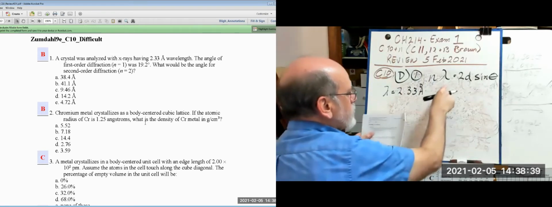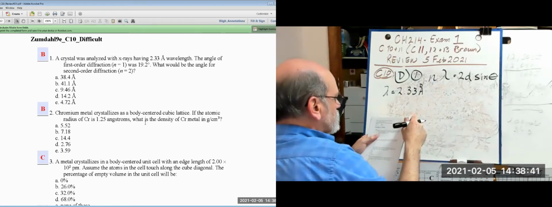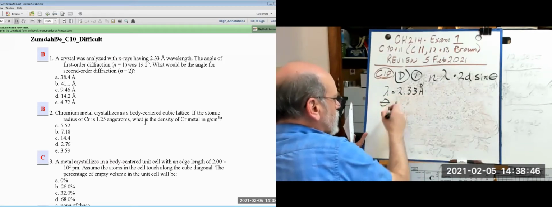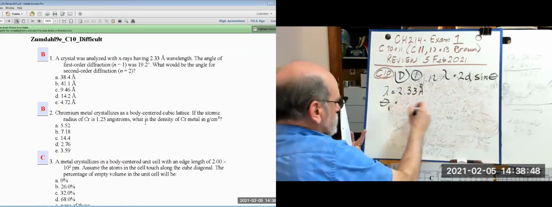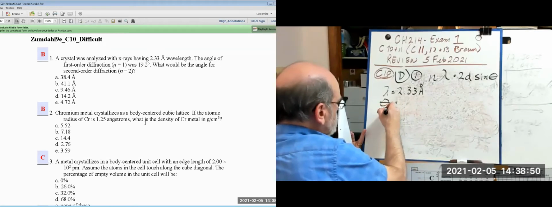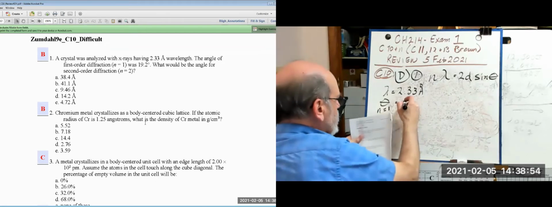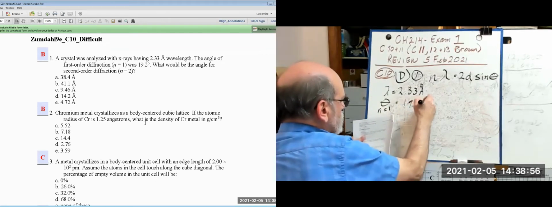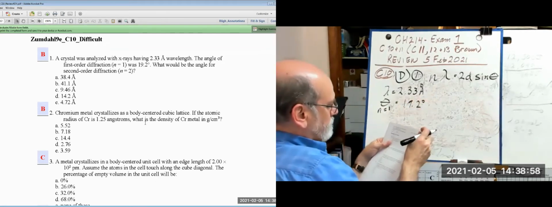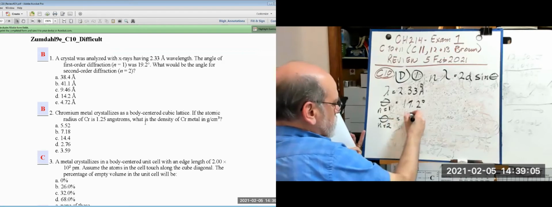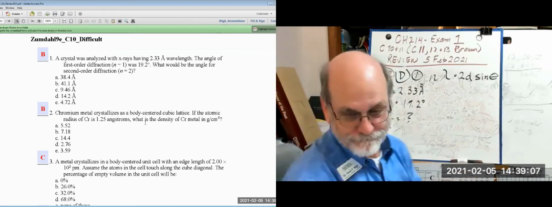And the angle of the first order, the theta of the first order, where n equals 1, is 19.2 degrees. And the question is, what would the angle of the second order be? Okay?